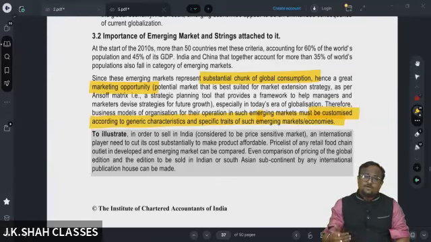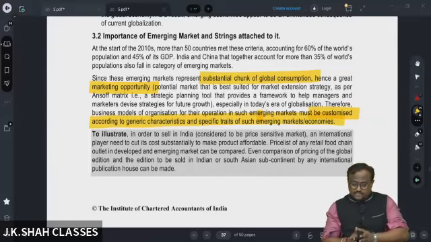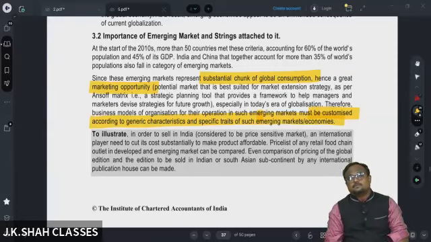So there has to be some product differentiation, some customized change which fulfills the requirement of the other customer.